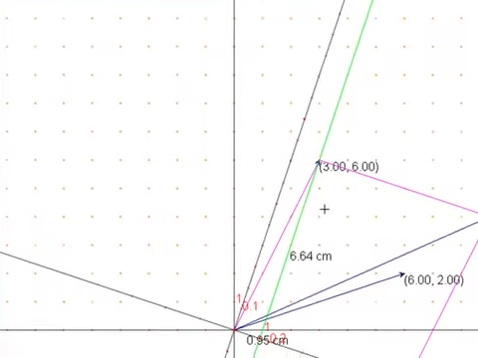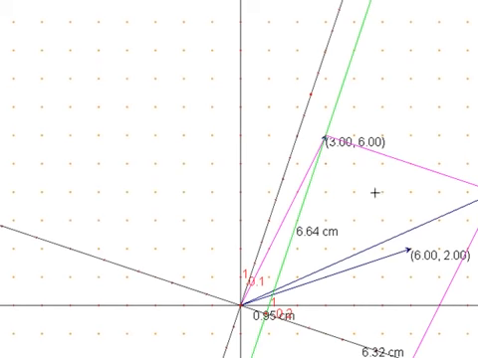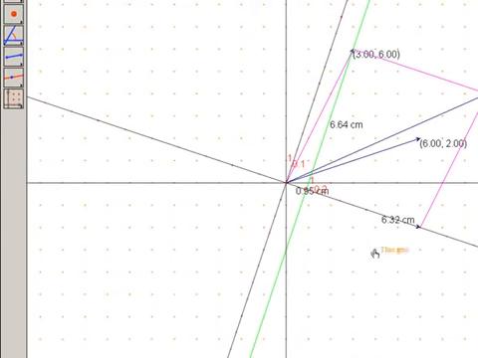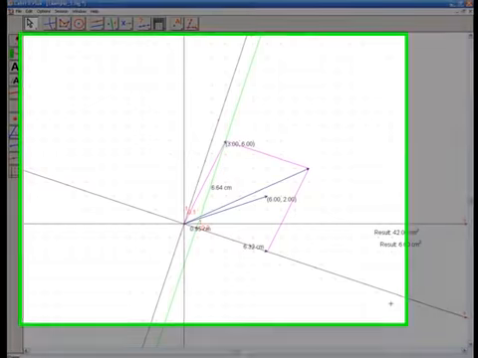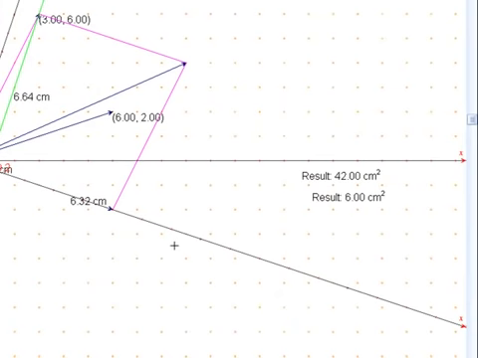Basically, if it's above this horizontal axis, the sign of the parallelogram will be positive, and the sign of the imaginary portion of the complex product will be positive. If it's below this superimposed horizontal axis, then it will be negative. That's another way of telling the sign.